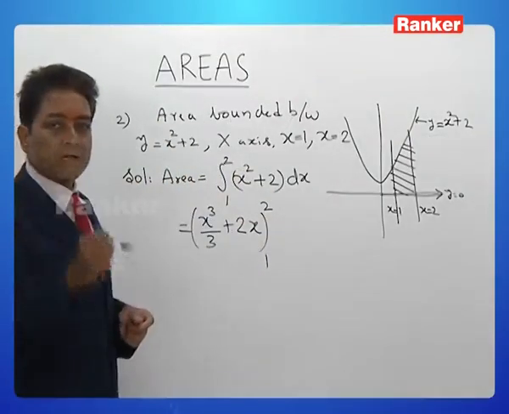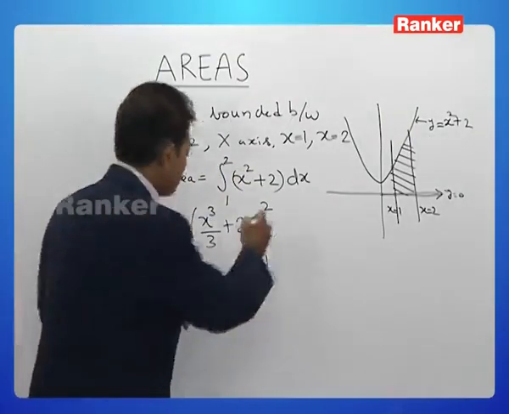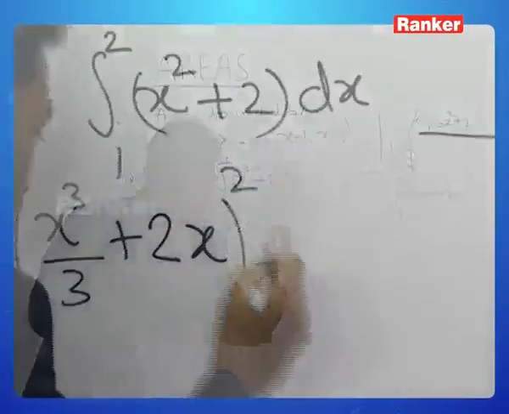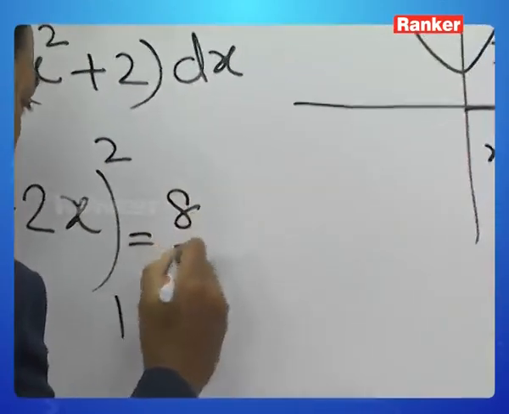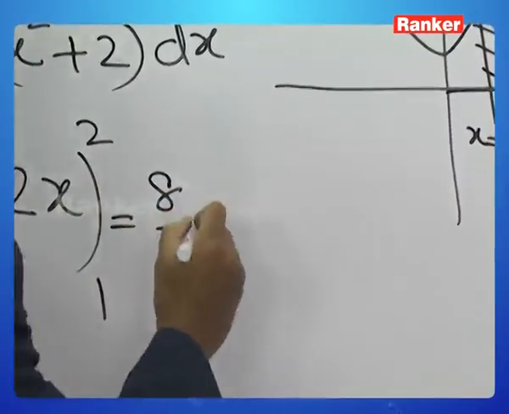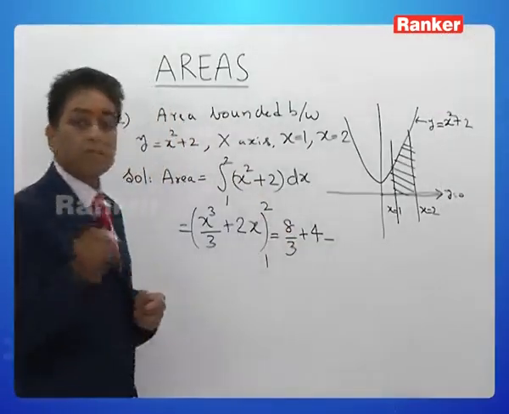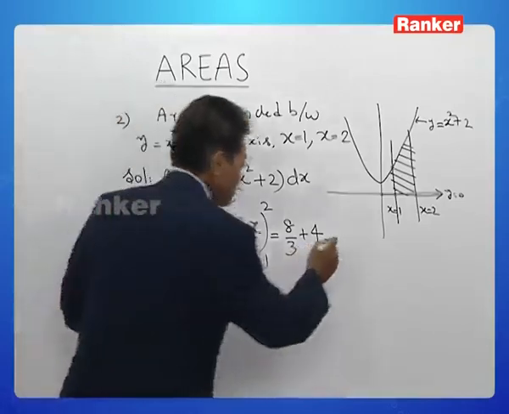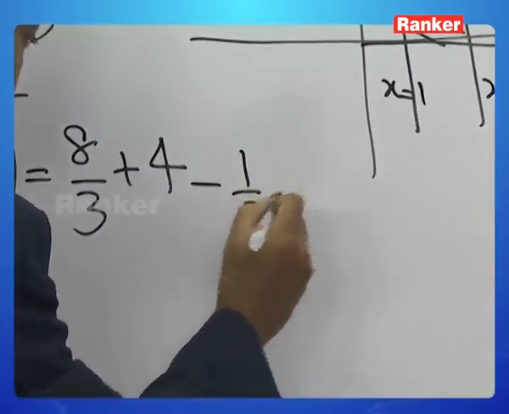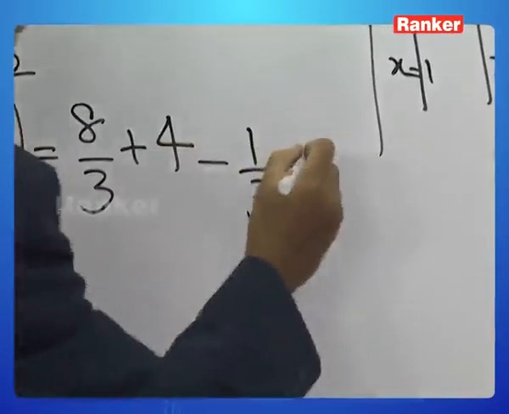Let us now substitute the upper limit, x is equal to 2. If you put x is equal to 2, 2 cube by 3, 8 by 3 and 2 2s are 4. Lower limit to be subtracted, put 1, 1 by 3 and put 1, 2.